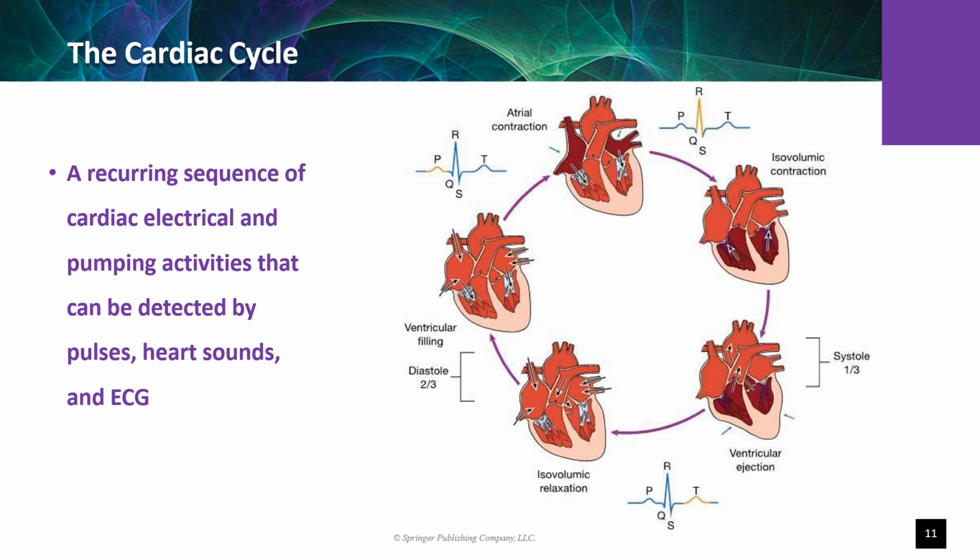After a brief period of relaxation, the mitral and tricuspid valves open and the filling of the ventricles begins. The P wave signifies atrial depolarization, and atrial contraction provides the final volume filling the ventricle.